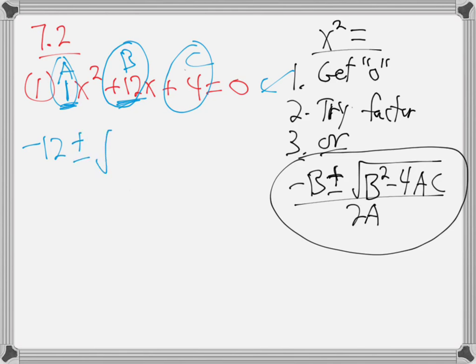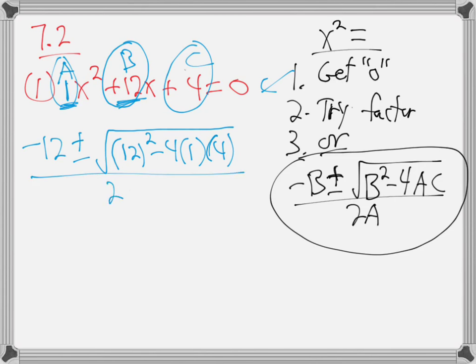Plus or minus the square root of b squared, 12 squared, minus 4 times a times c, all over 2a. Let me pause there.